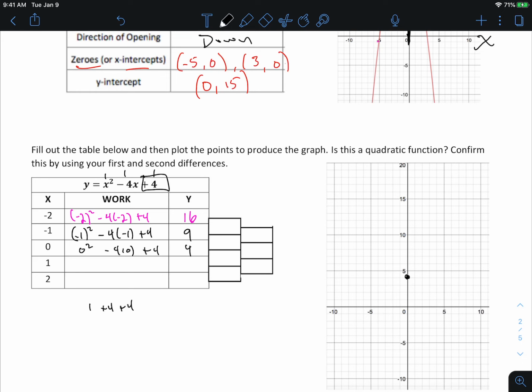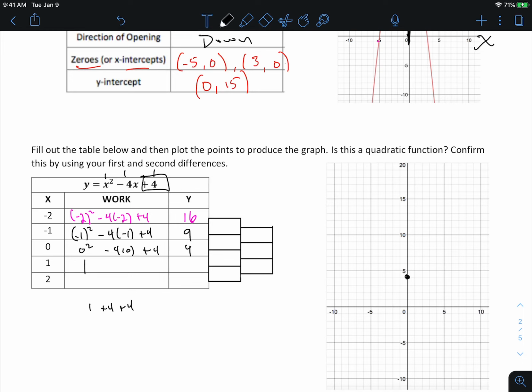Okay. So negative 4 times 1, would that be just negative 4, because you're multiplying a positive and a negative? Yeah. Okay. That's 9.